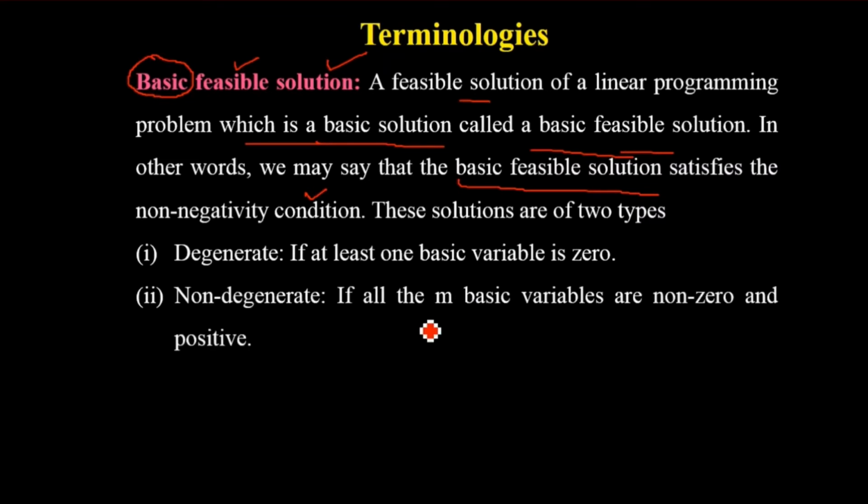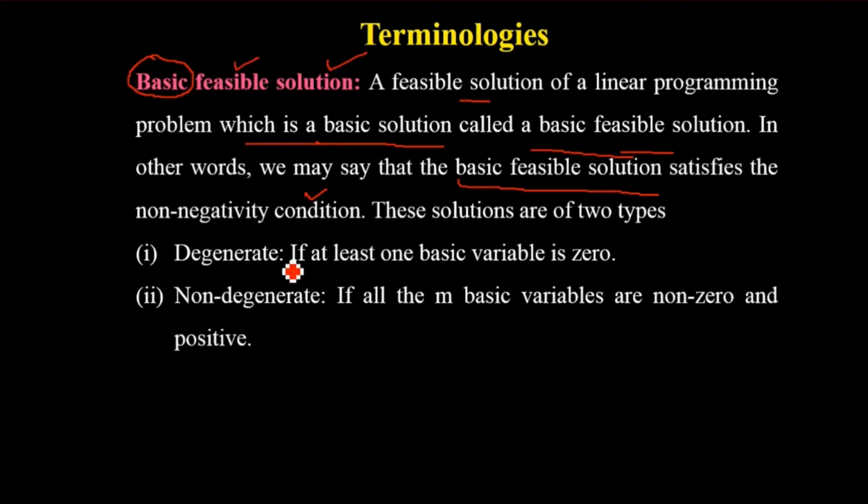And if all the m basic variables are non-zero and positive, like in the first case, 1, 2, 0 I'm taking, so 1 and 2 both are non-zero as well as positive, in that case it is called non-degenerate.